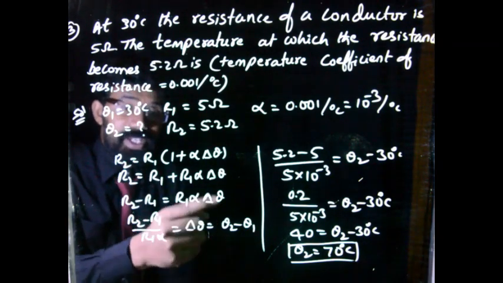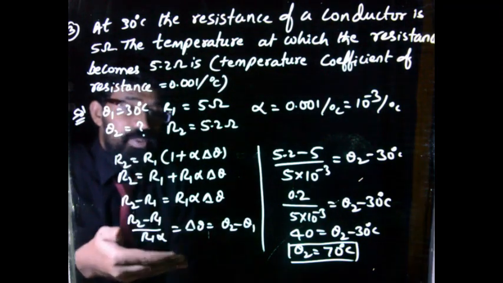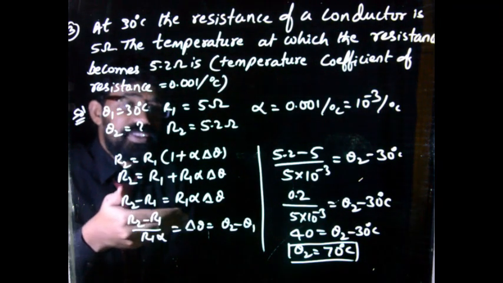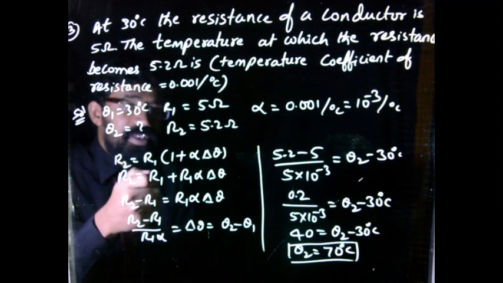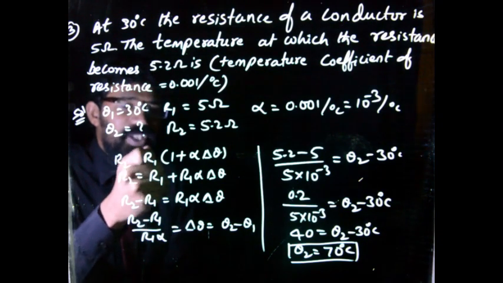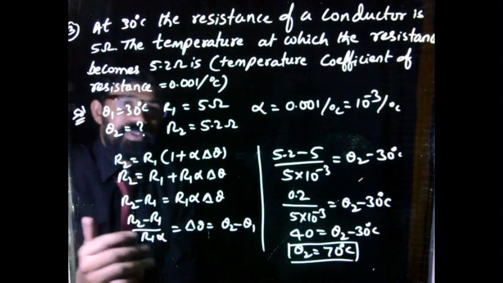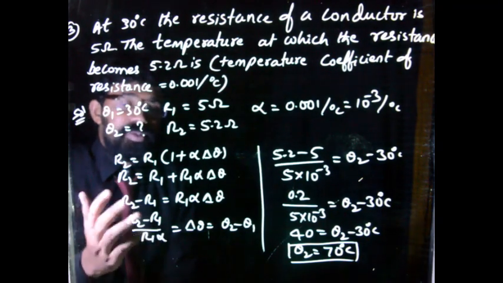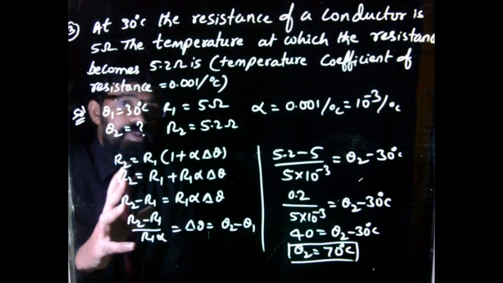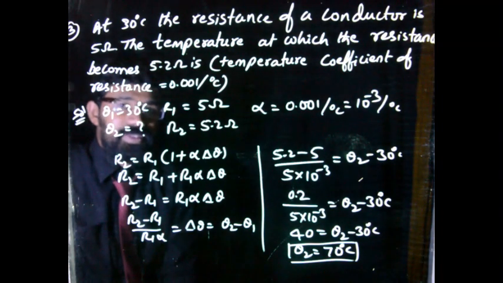No, see here it was raised to 70 degrees Celsius. Initially it is at 30. So how much is the rise in temperature? 40 degrees Celsius. But how much is the rise in resistance? 0.2, a very small resistance change, isn't it? And I already told you about Manganin and Constantan in the previous class. Those two almost don't respond to temperature fluctuations. Okay, so these are the problems.